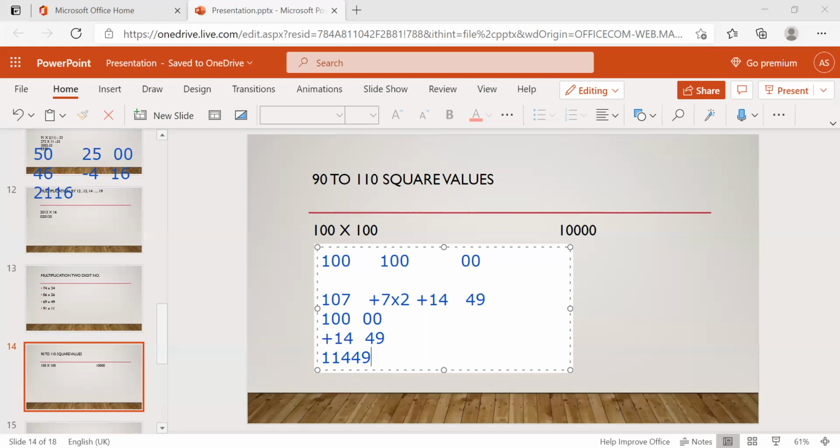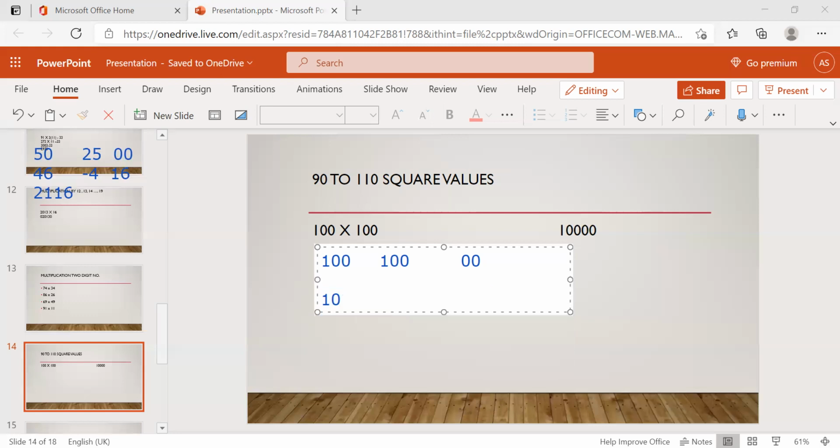So here, one more example is 104. What's the difference? Plus 4 into 2, that means plus 8. Clear? So 2 zeros is here. 4 square is nothing but 16.